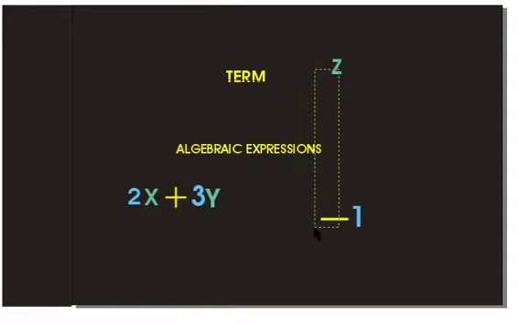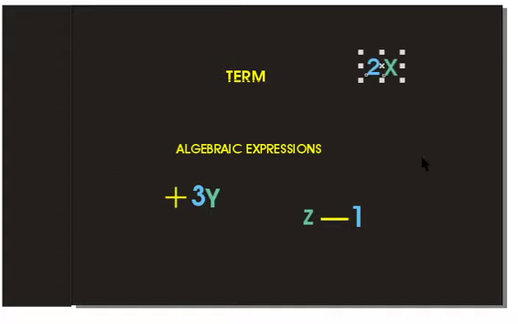Likewise, in z minus 1, we have two terms. One is z, another is 1. But if only 2x is available, this is called one term. Or if only z is there, this is also called one term. The number of terms can be increased with plus and minus.